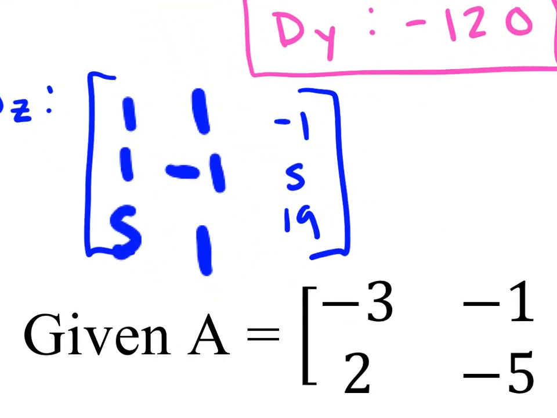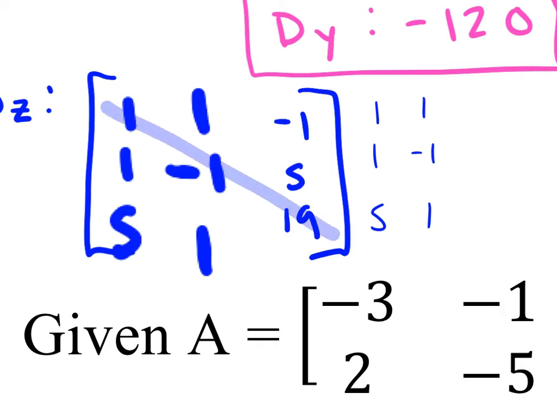What do we have to do to find the determinant? What do we do first? Rewrite the first two columns. So we have 1, 1, 5, and 1, negative 1, 1.